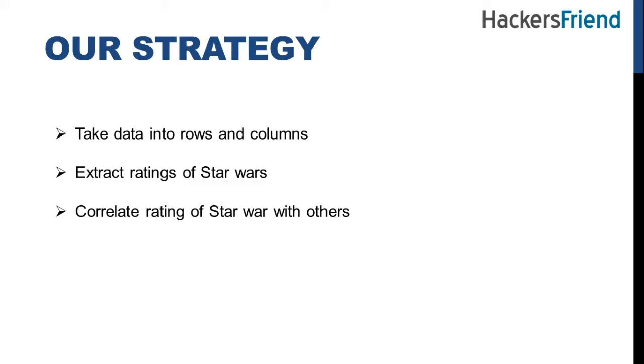The thing to notice is that we are considering only one user. Say user A has given a rating of 4 to Star Wars, and the same user gives a rating of 4 to another movie. We will think these two movies are somehow related to each other.